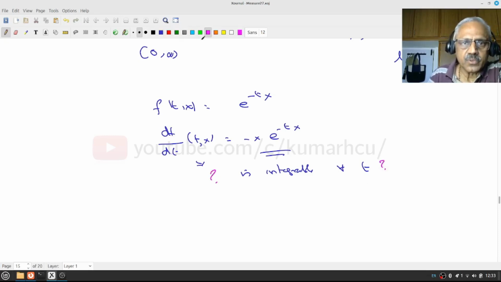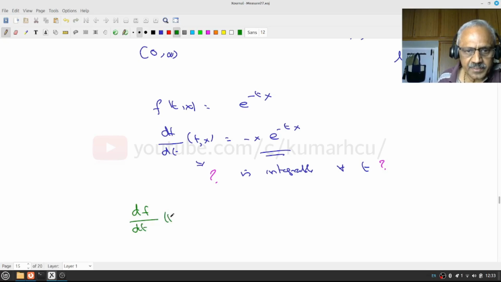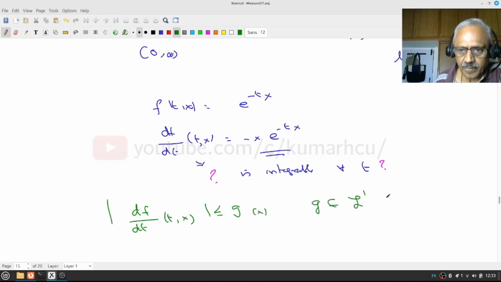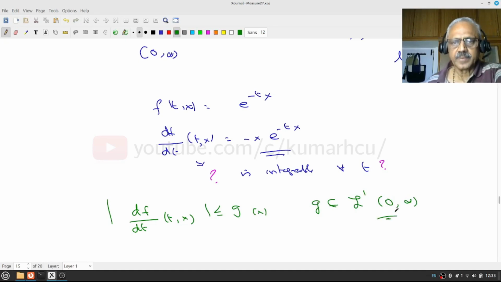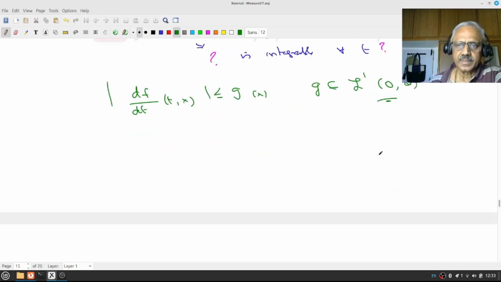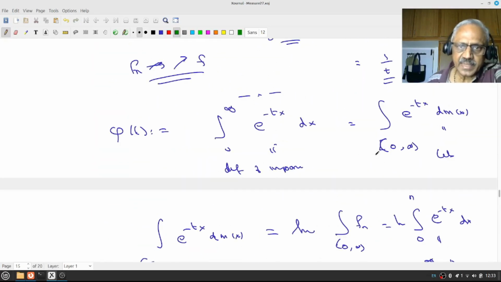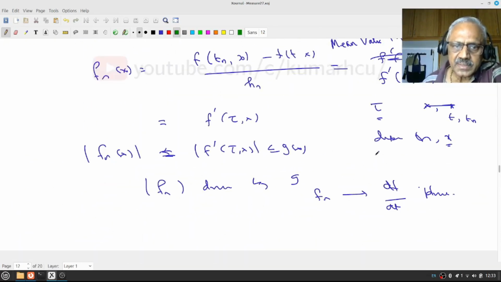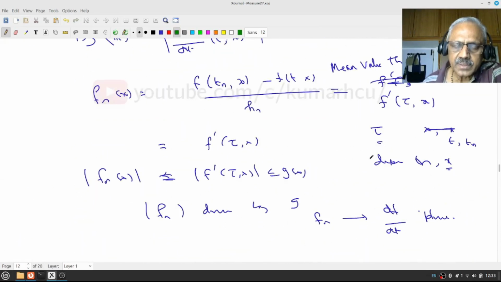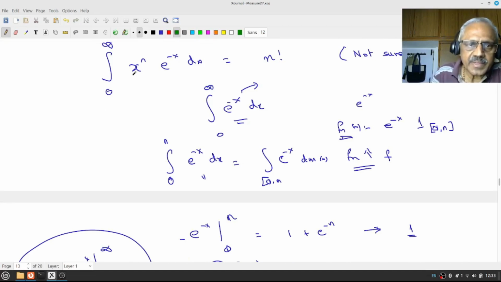So that's where the Leibniz rule comes. I have to find some g such that the absolute value of df by dt of t, x is less than or equal to g of x, where g is integrable. You follow that? Notice that if you go back, my original thing is that I want to talk about x to the power n.